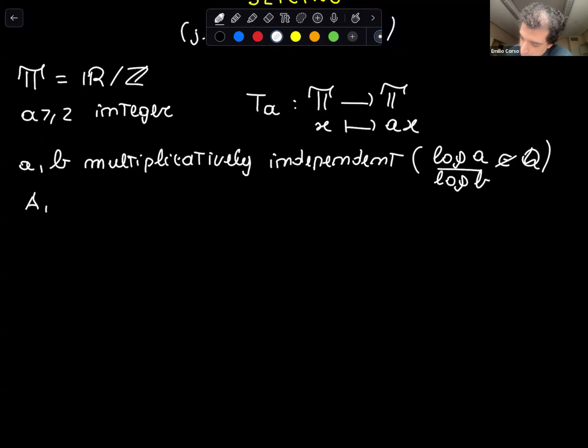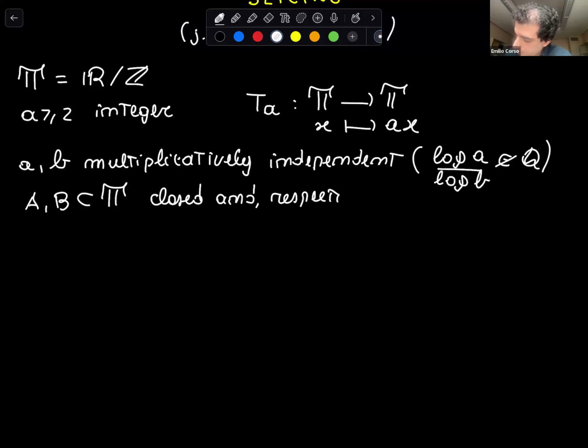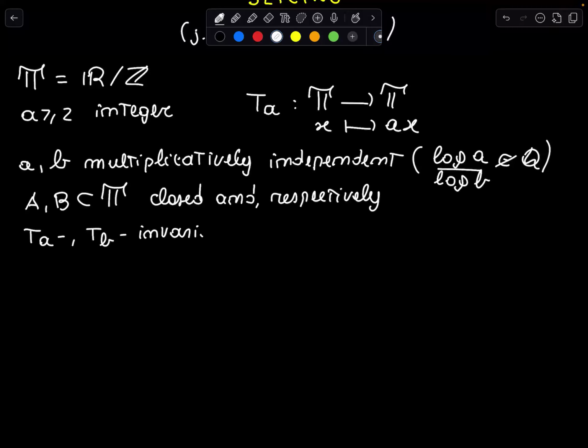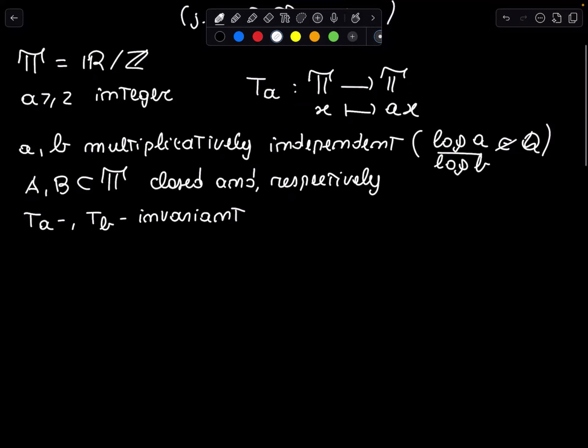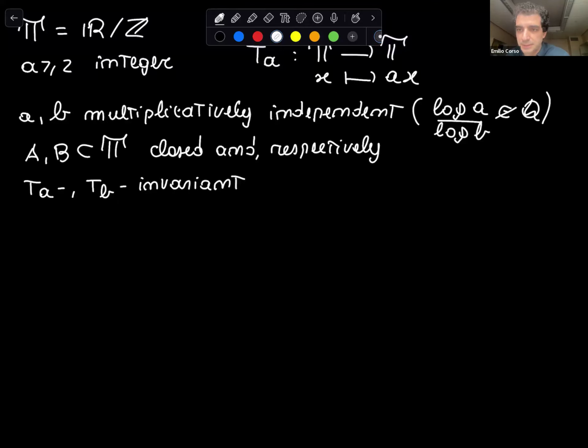So I consider A and B subsets of the torus, which are closed, and respectively T_a and T_b invariant. Where here for invariance, it suffices to assume it in the weakest possible sense of forward invariance. Namely, the image is contained in itself.